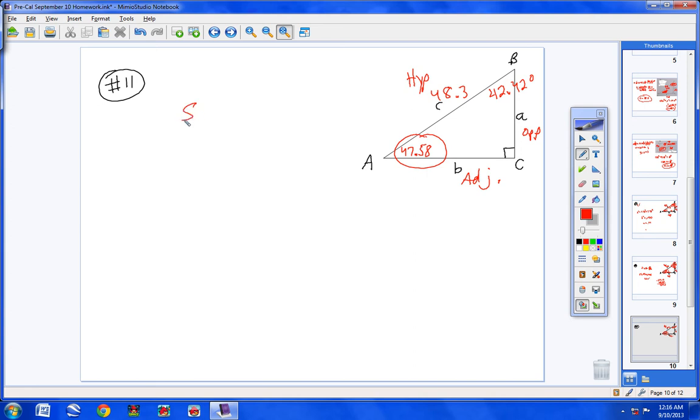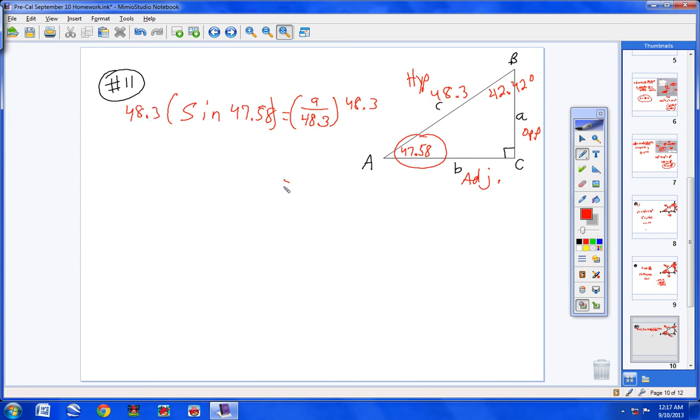All right, let's go ahead and start with sine. Sine of 47.58 equals opposite, which is your A, over your hypotenuse, which is your 48.3. Now, anytime you have a problem set up like this, you don't want these fractions. We're going to multiply one side by the denominator, but if you multiply one side by the bottom, you must multiply the other side by the same thing, 48.3.